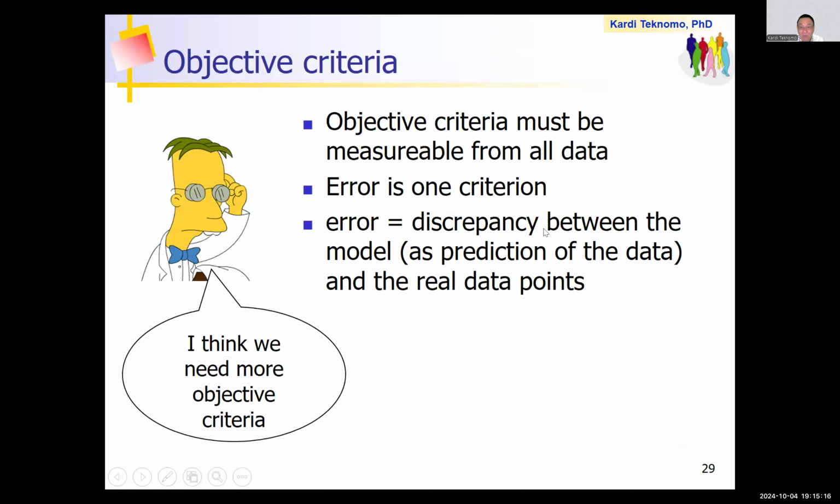One criterion is error. Error is the discrepancy between the model that you predict and the real data point. The question is how do we measure the error?